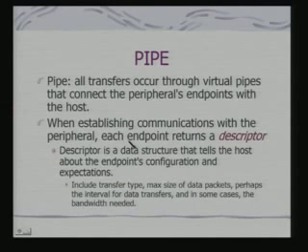So when establishing communications with the peripheral, each endpoint returns what is called a descriptor. In fact, a descriptor is a data structure that tells the host about the endpoint's configurations and expectations. So that guides the host to manage the transaction with the specific device that gets connected to the port.